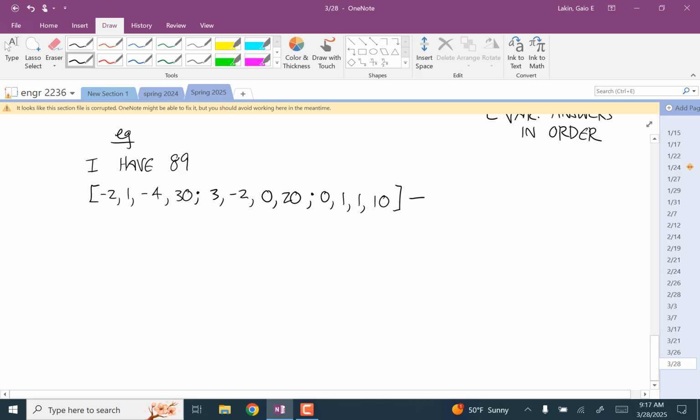And I'm going to use the store button to give it a name. I guess I'll put this in the spot A. And then I'm just going to go reduced row echelon form of A. See if this works. I've never tried this before.